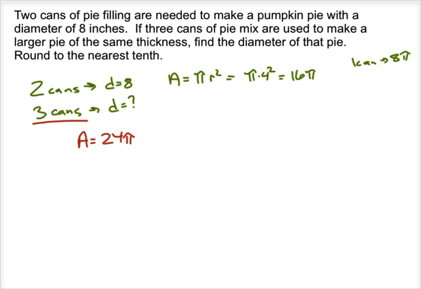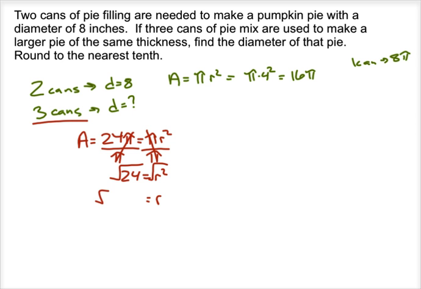If that's the area, how big is the diameter? I know the area formula is pi times the radius squared. I can divide each side by pi, and I get 24 equals r squared. I can square root each side and get that r equals the square root of 24.